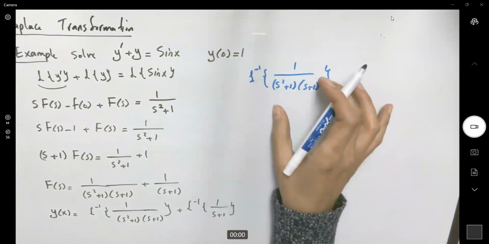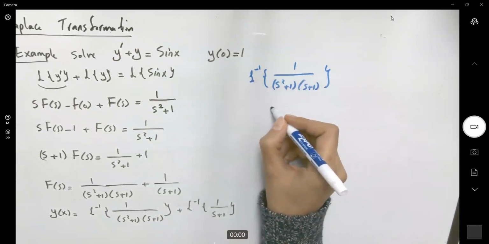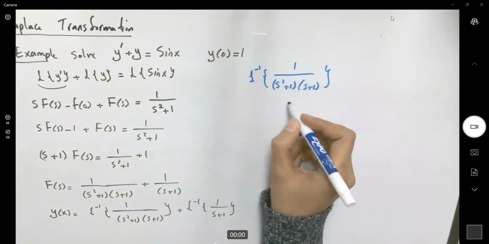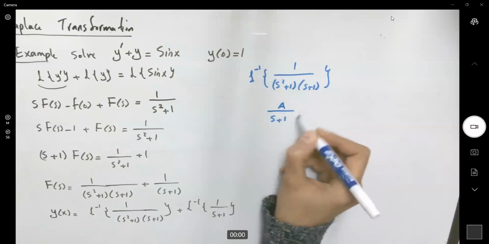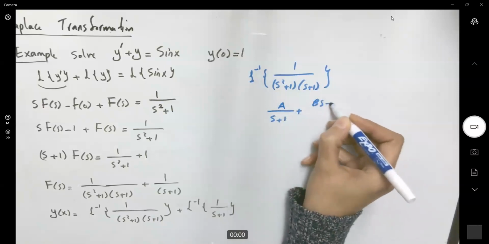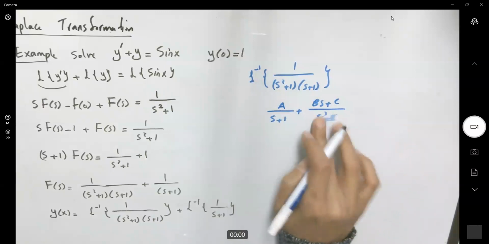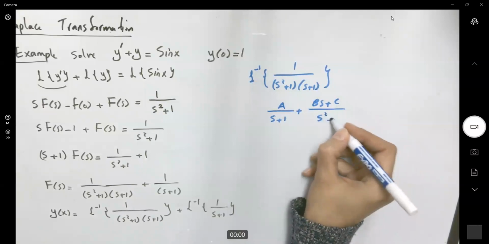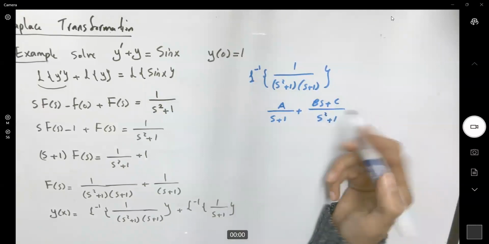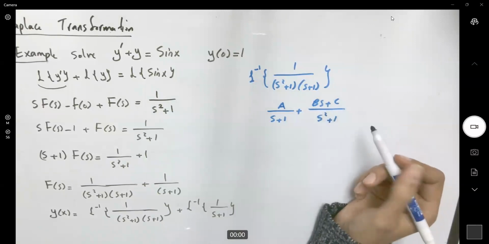First of all, we need to write this as two fractions. The first fraction is A over s plus 1, plus (Bs plus C) divided by s squared plus 1. Or you could just try your best to identify what the values for these are.